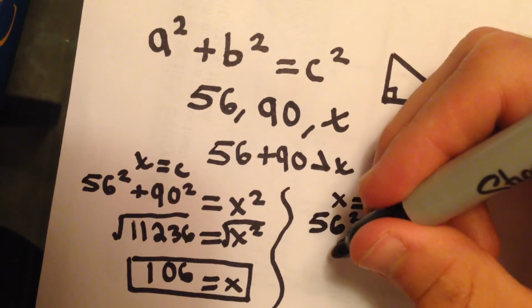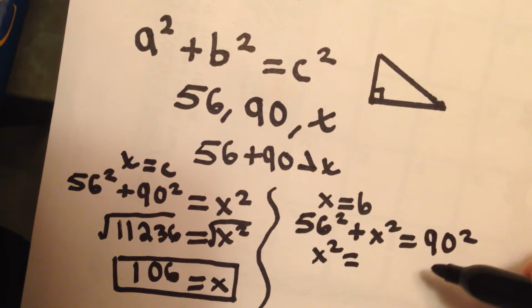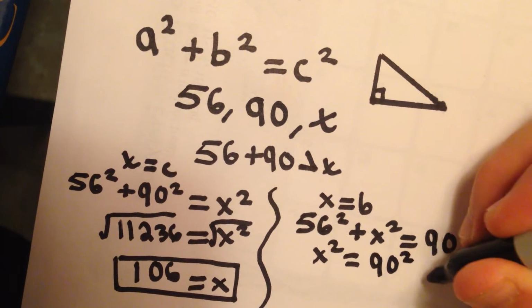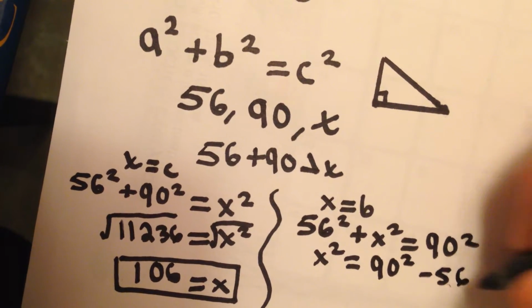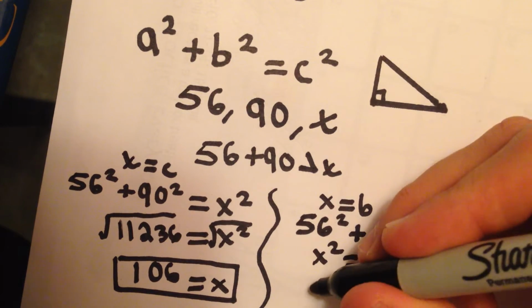We can isolate x squared. x squared is equal to 90 squared minus 56 squared, since we subtract 56 squared from this side to get it over here. And we can solve for x squared.